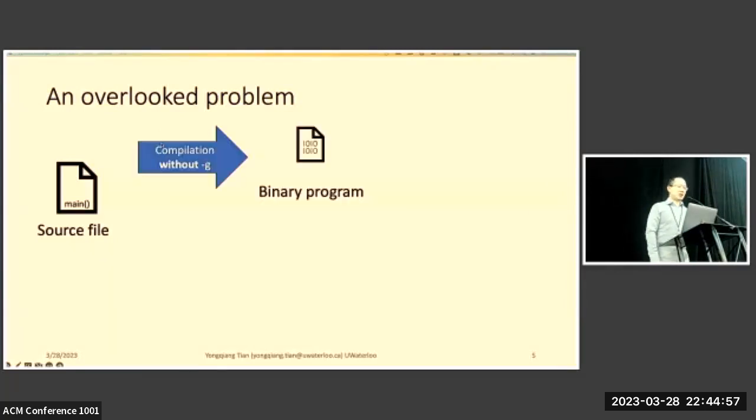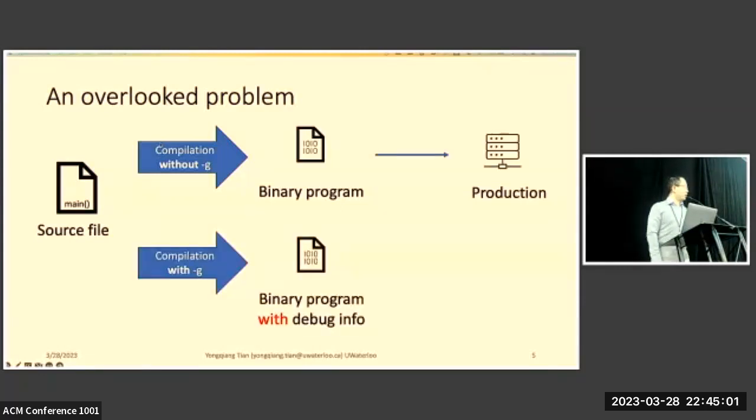And developers will compile the binary program with debug information and use this binary program for debugging. The problem is that here, the two binary programs may have different machine instructions.